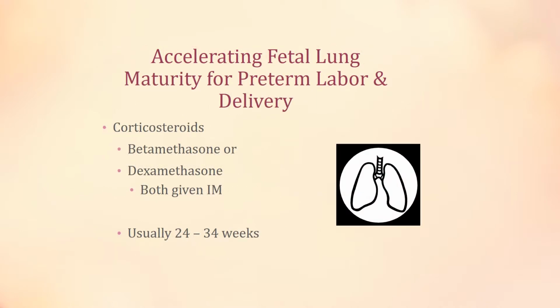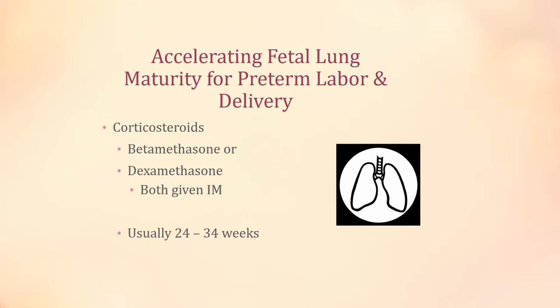Accelerating fetal lung maturity, we would do this with administering corticosteroids to the mom, betamethasone or dexamethasone. Both of these are given IM, and usually we can give this between 24 to 34 weeks to promote lung maturity for the fetus. Usually, if we're giving her Celestone or betamethasone, it's 2 doses IM 24 hours apart.